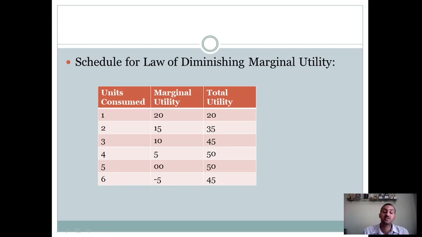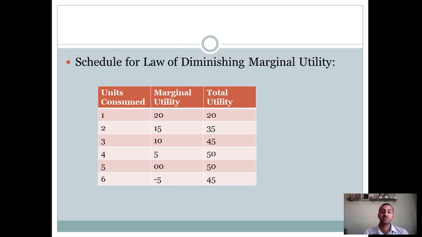And the sixth unit, when he consumed it, his utility was -5 and total utility started reducing to 45. So this is how the utility decreases as and when the additional unit is consumed.